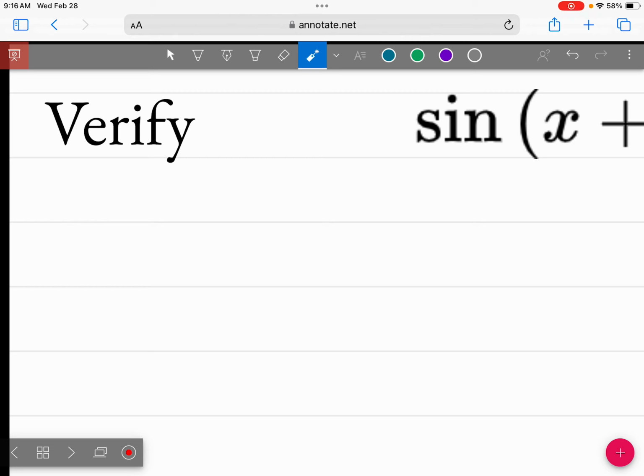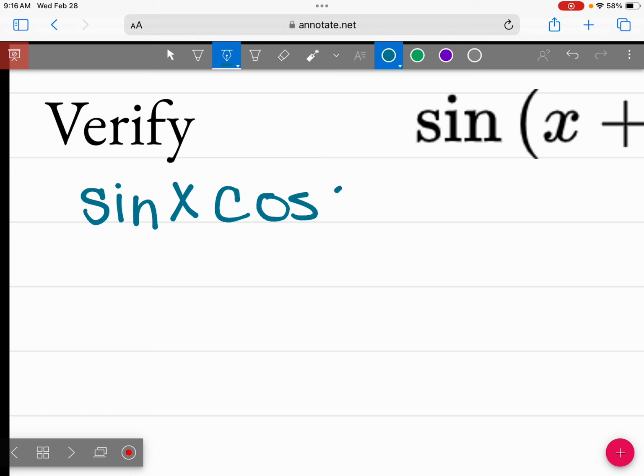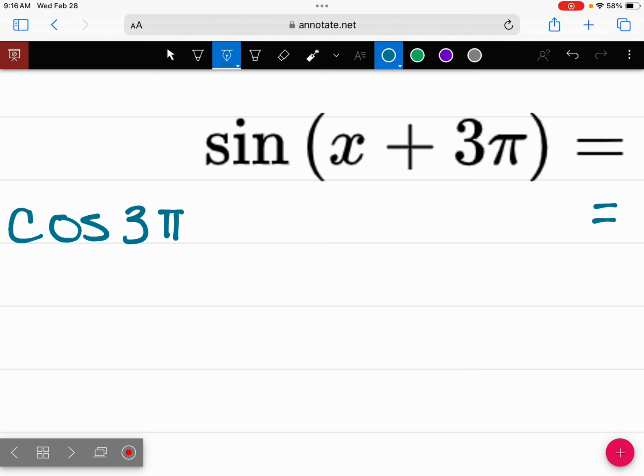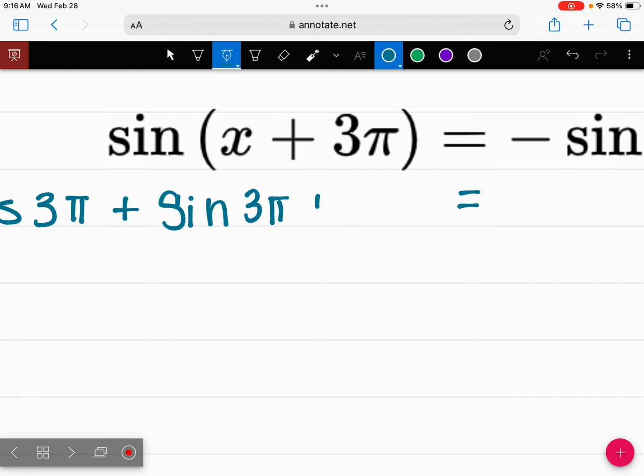So when we look at our addition of angles in sine, that's when we take our sine of the first angle, so sine of x, times cosine of the second, cosine of 3 pi, and we're going to add it to sine of the second angle, 3 pi, times cosine of the first angle, cosine x.